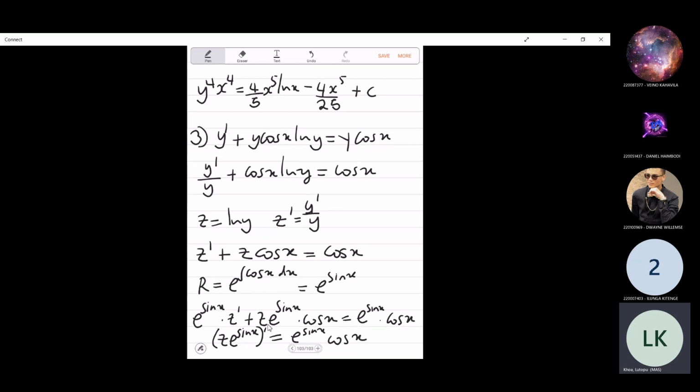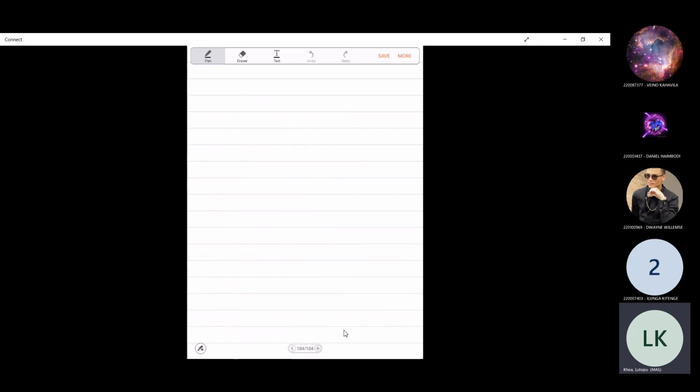Okay, then to get rid of the prime, we just need to integrate on both sides. So we have z e to the power of sine x is equal to the integral of e to the power of sine x times cos x dx.